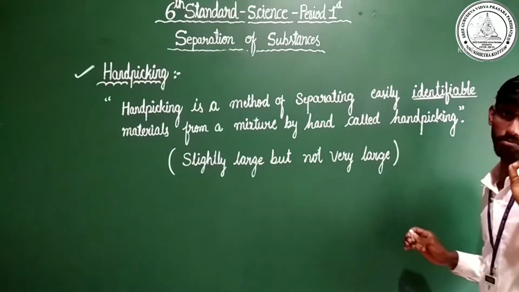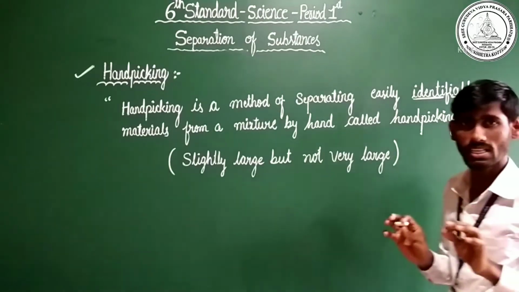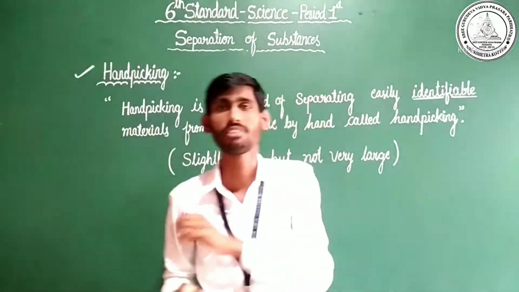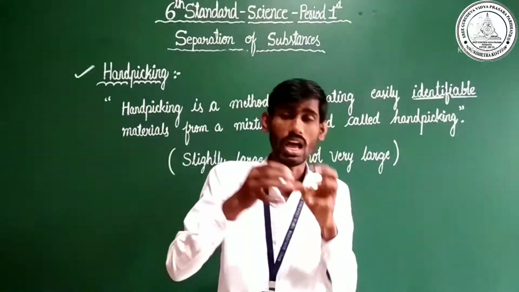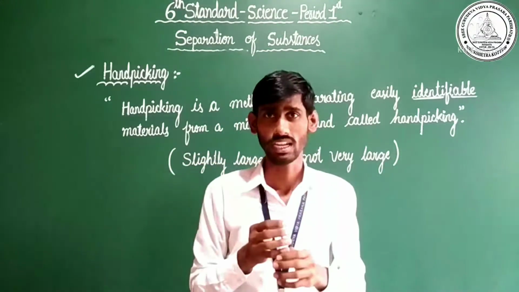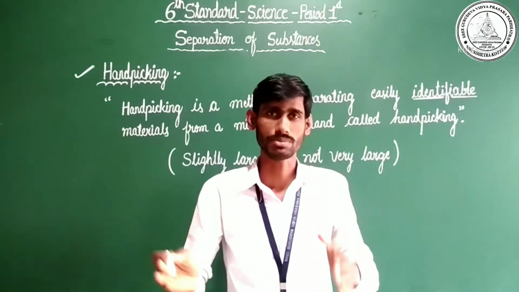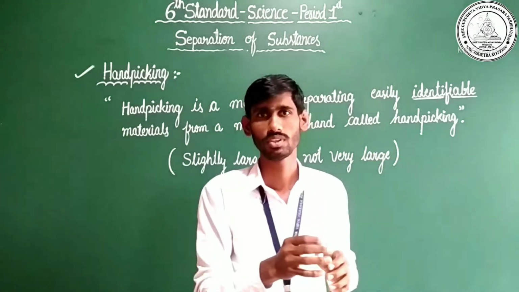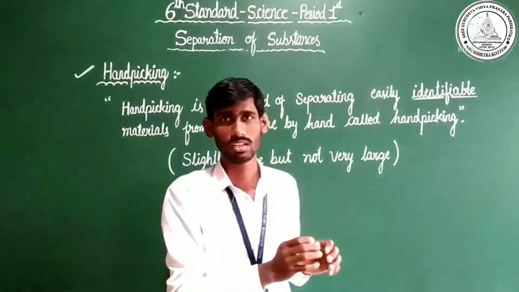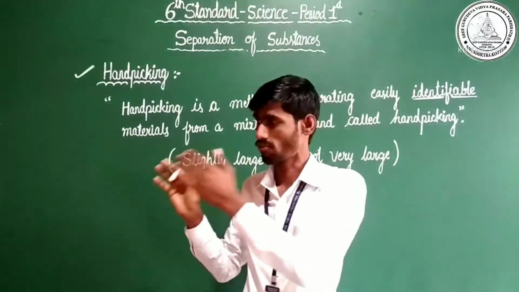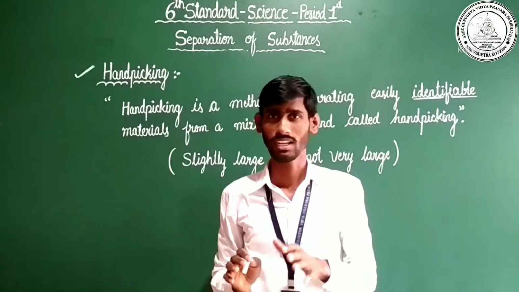I would like to give you examples. Identifiable is the thing, but for example, a mixture of guava, apple, ananas, pomegranate. It's easy to separate these substances into groups. The first group is guava, the second group is pomegranate, the third group is ananas, and the fourth group is another fruit. It's very easy.